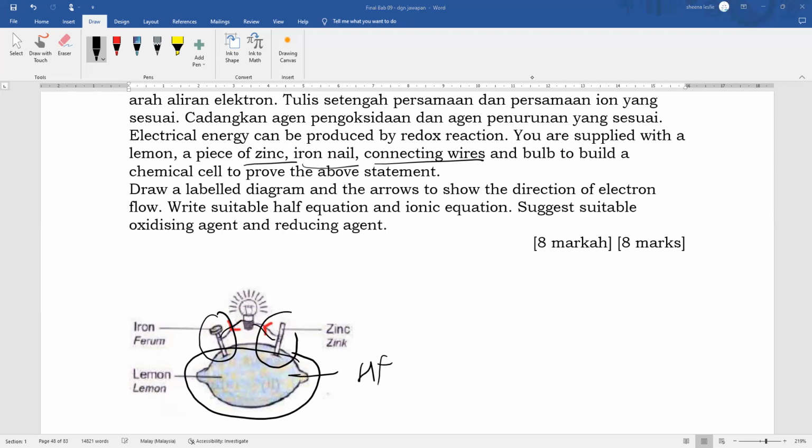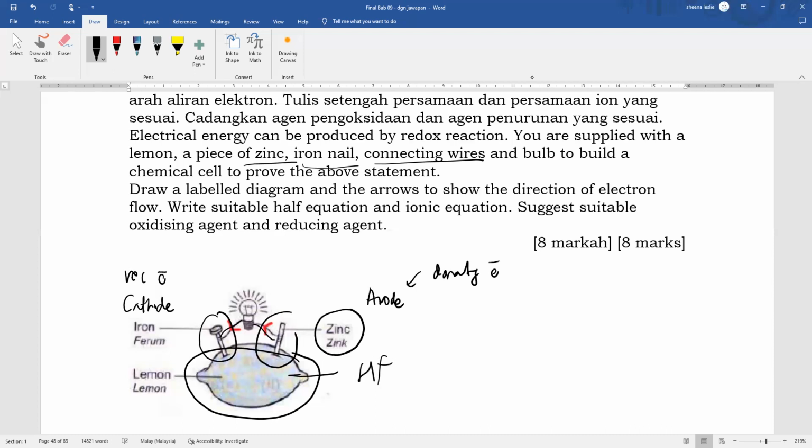The rest of you, don't be afraid to answer, it's okay if your answer is wrong. Zinc is always going to be my anode and iron is always going to be my cathode. If it's my anode, I'm always donating electrons, and if it's my cathode, I'm always receiving electrons.